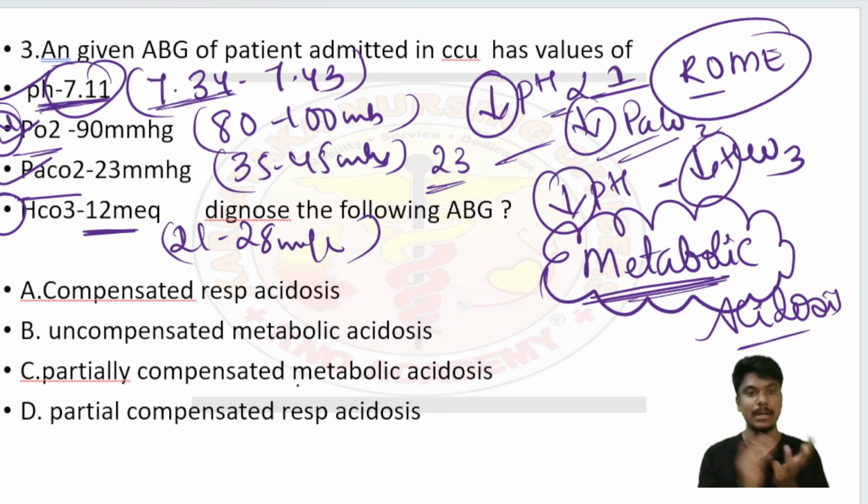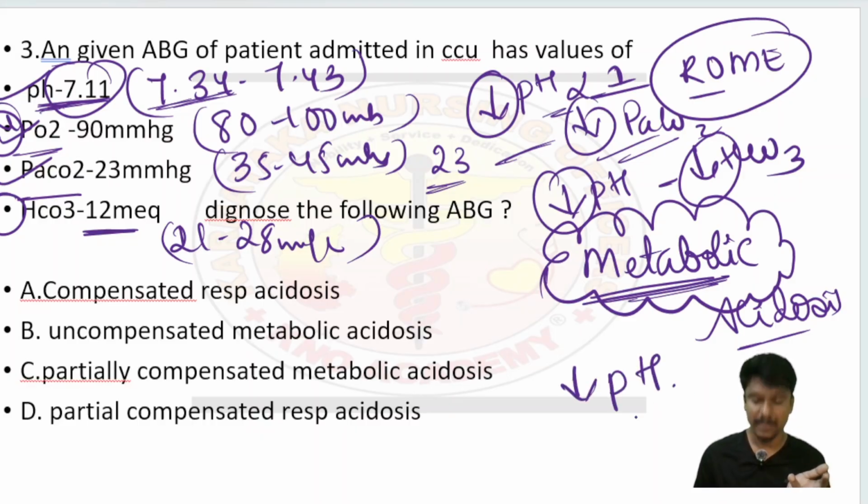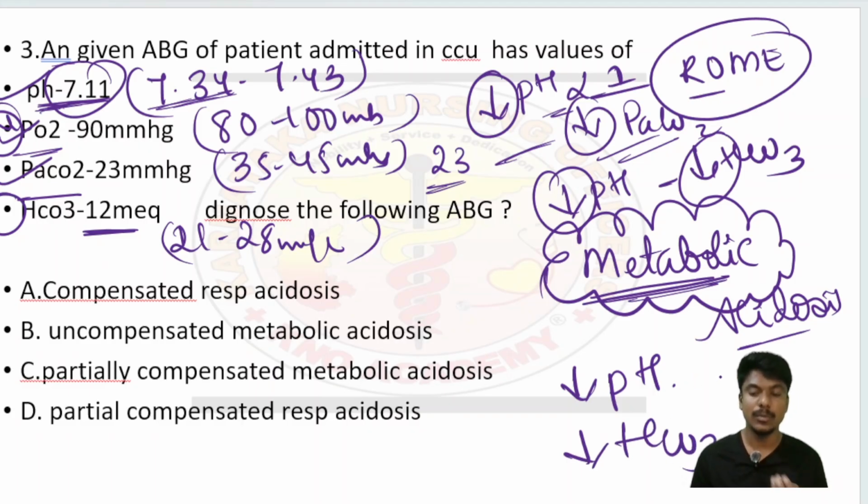Now we'll see whether it is completely uncompensated or partially compensated. When there is reduced pH and reduced bicarbonate level, your body should try to retain PaCO2.